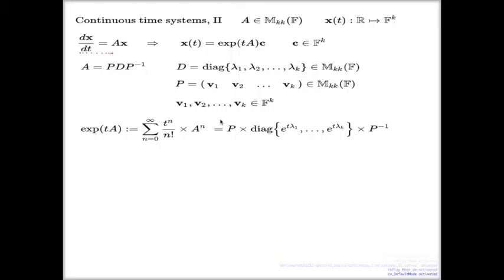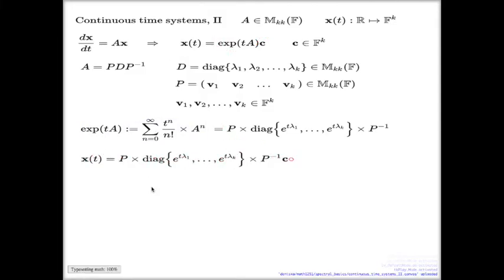Look at this. So I use the whole thing here on the right hand side and I sub in here. So I multiply by c. Here's a substitution. Look at this. My x(t) solution is P, diagonal factor, P inverse, and then here's my C constant. C constant in boldface because it's a vector constant.